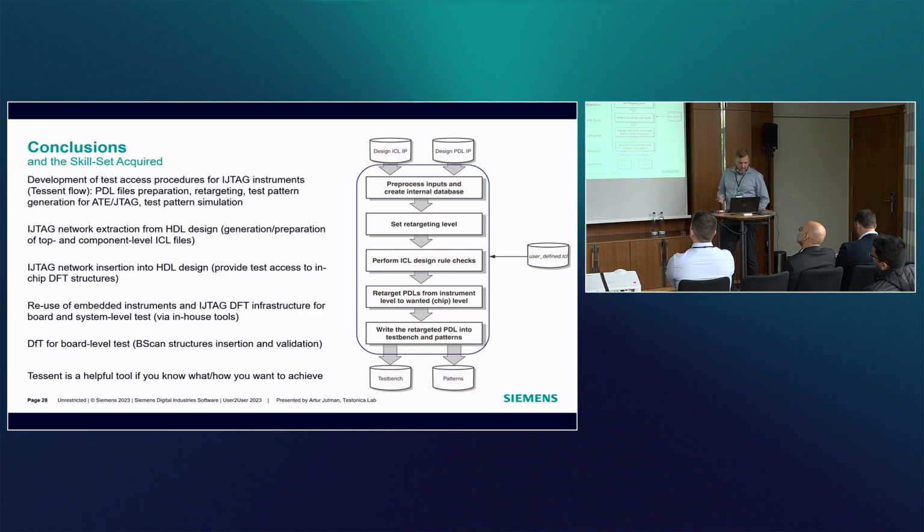Starting from development of test access procedures, of course, do PDL, prepare PDL files, perform retargeting, perform test pattern generation, also for retargeting for ATE and JTAG, do the simulation. You need to do the IJTAG network extraction from HDL design, both for component level ICLs and the top level ICLs.